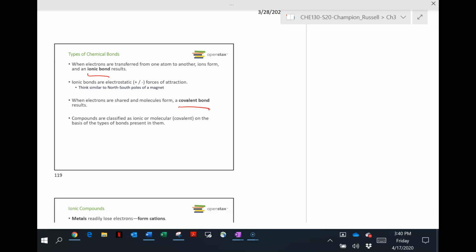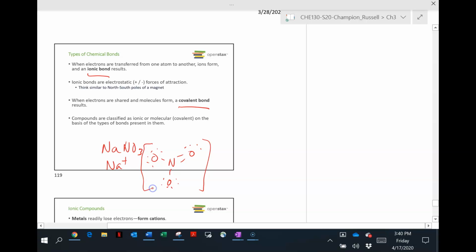So if you had, for example, sodium nitrate, that's Na plus, and then we're going to have this nitrogen compound here, and I'm going to draw something that you don't know how to do yet. That's a Lewis dot structure, and that is that nitrate ion. Those are covalent bonds there in that polyatomic ion, but these two are held together by ionic bonds, so we would call this an ionic compound.